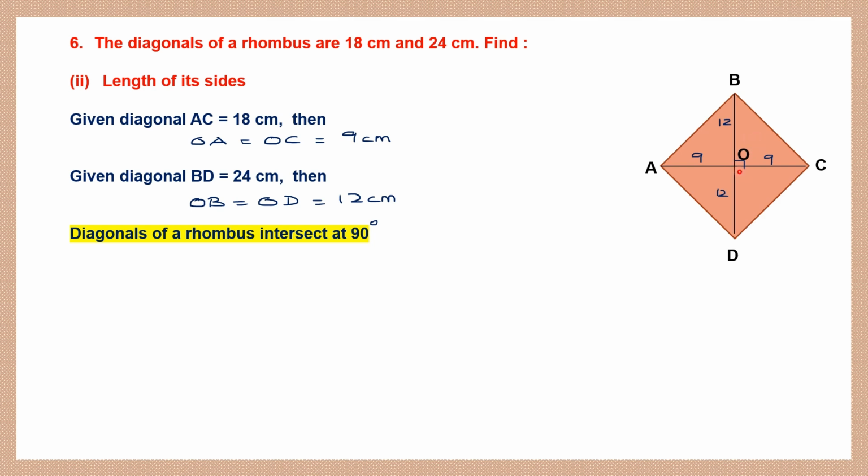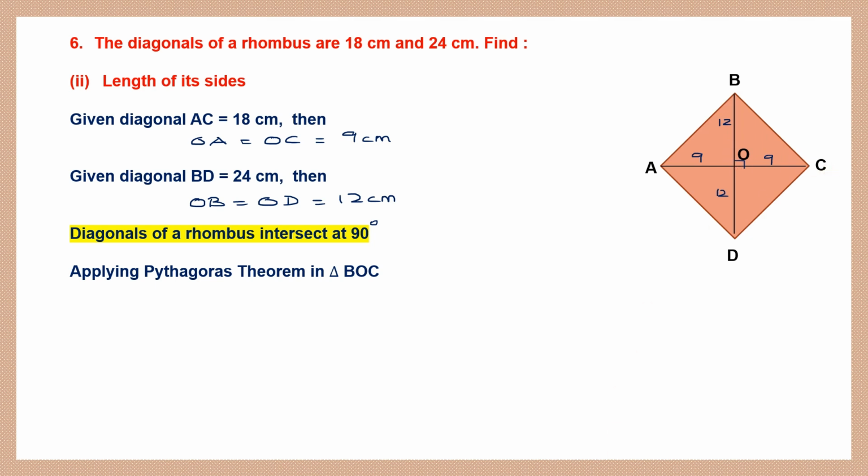In a right angle triangle, according to the Pythagoras theorem, the side that is opposite to the right angle, that is this side BC, is called the hypotenuse. We can apply the Pythagoras theorem and find the hypotenuse, which is also the side of this rhombus. So apply the Pythagoras theorem in triangle BOC.